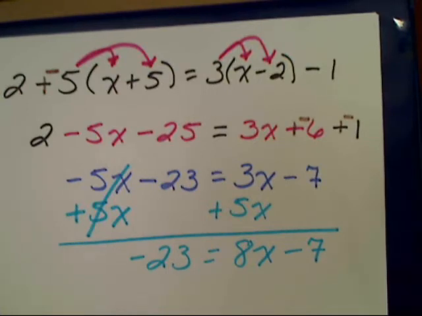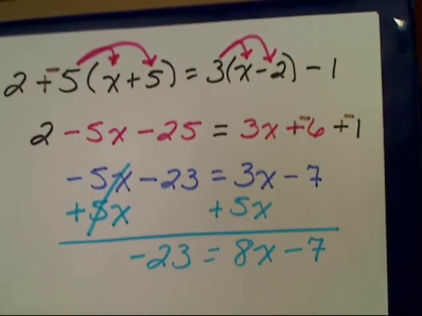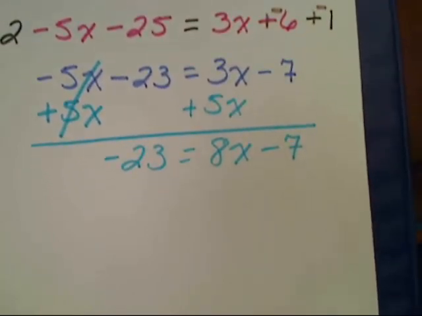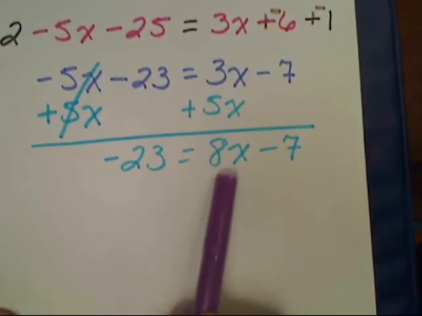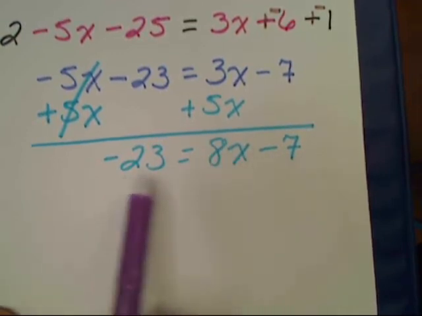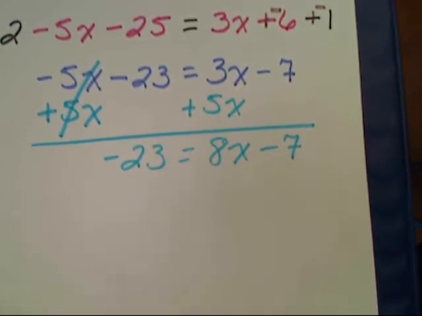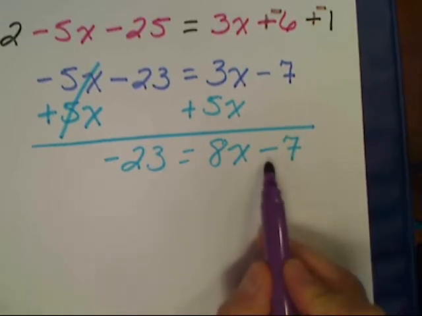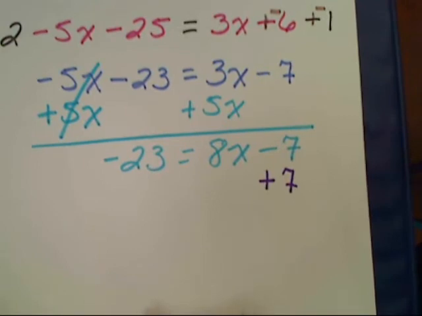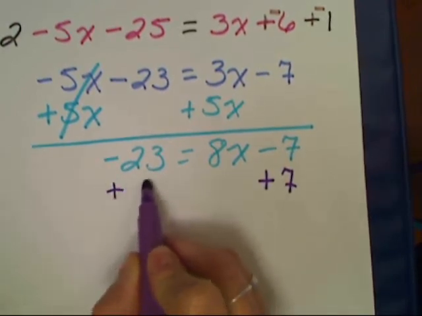My next step is to get the constants, or the terms that do not have variables, next to each other. I want to get them on the opposite side of the term that has the variable. So once again, I want to move the constant from the right to the left. It's a negative 7, so I want the opposite of that, which is a positive 7. Whatever I do to one side, I do the same thing to the other side.